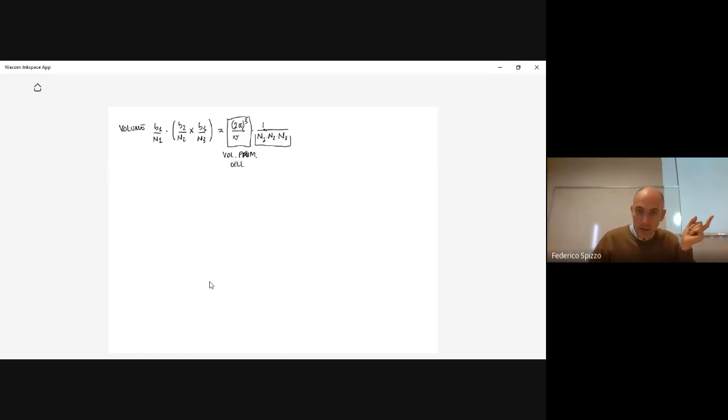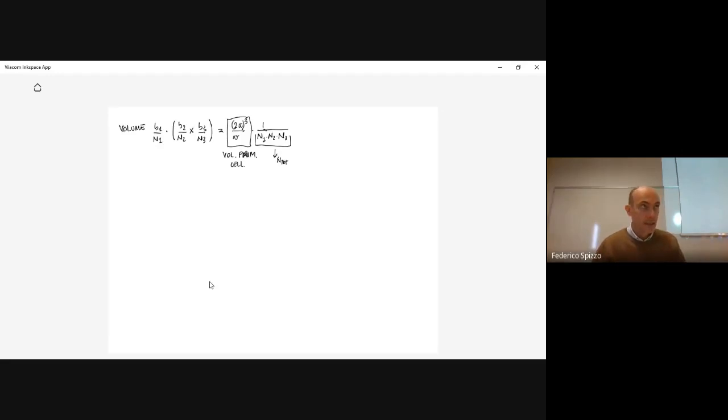This is the total number of ions. So if I multiply the number of ions in the X, Y, and Z direction, I have the total number of ions that build up the lattice. So the meaning of that is the volume of one level is just N total times smaller than the volume of the primitive cell.